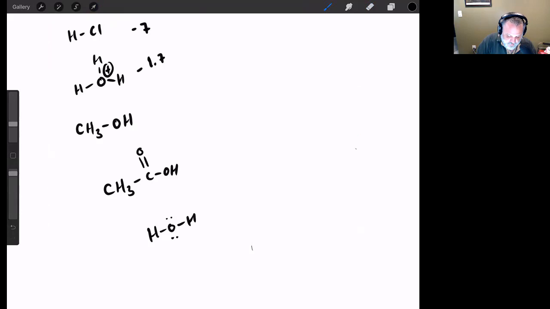Now we're up to around 16 here. I should have also included water elsewhere. This is 15.7. That was very specific, and it's water, so you should have an idea about that.